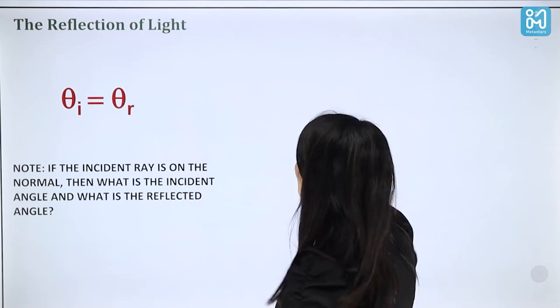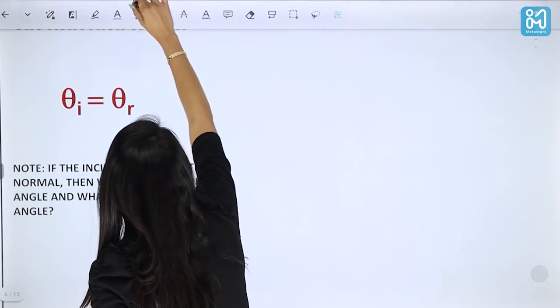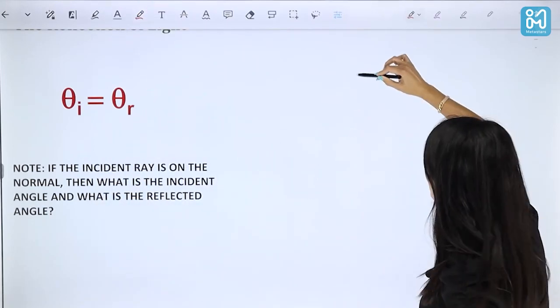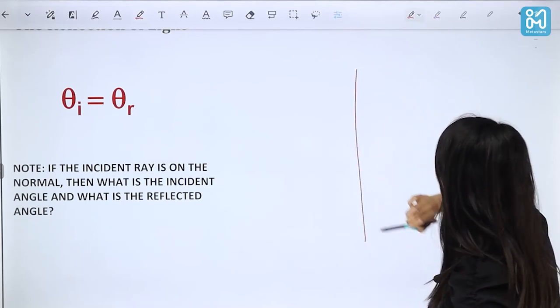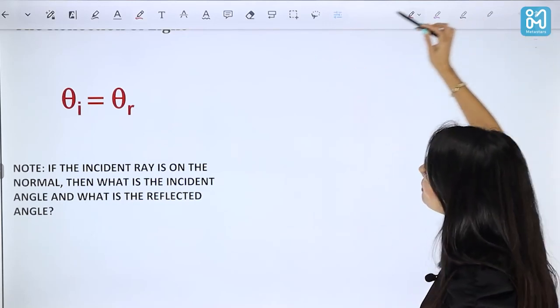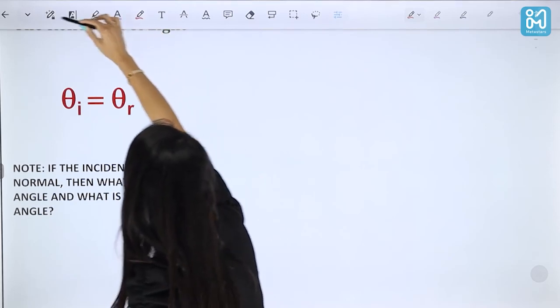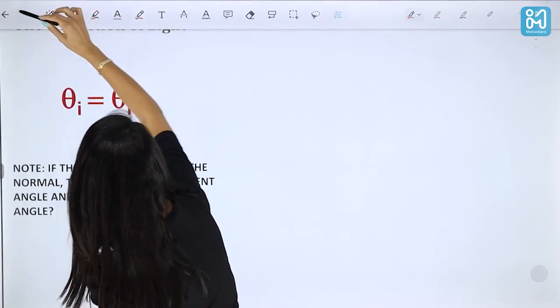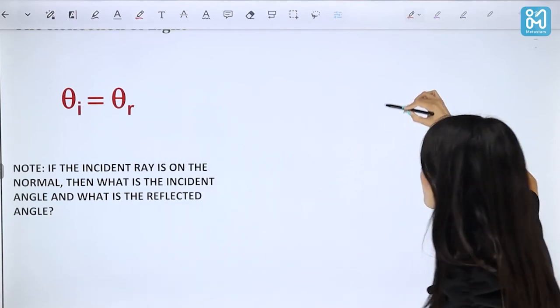Let's draw it. So, I have a surface in here, as you can see.